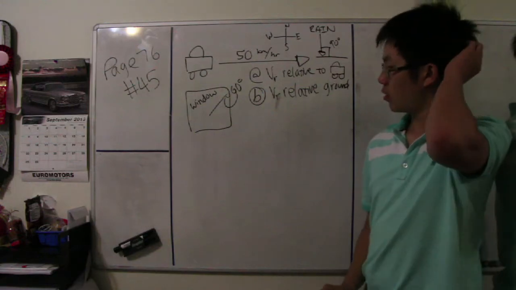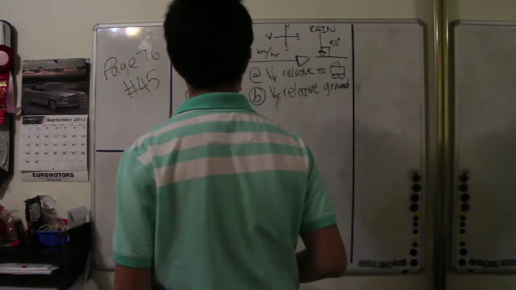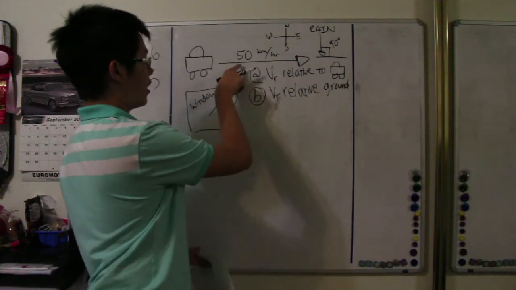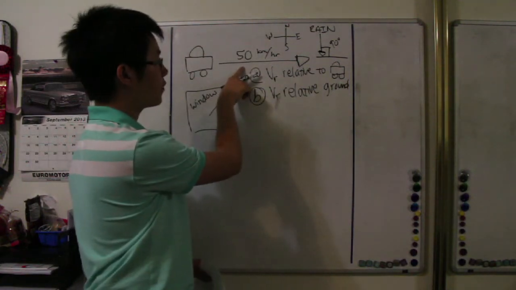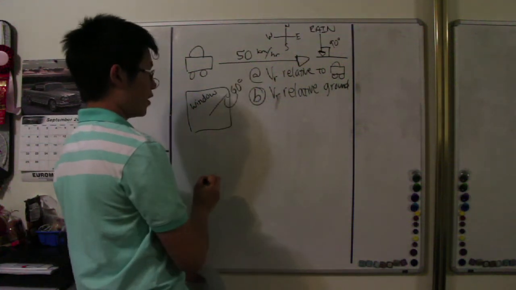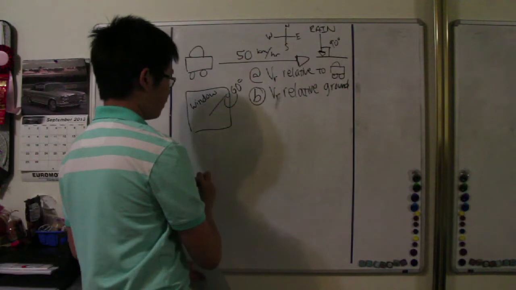So, we can take our window here, or 60 degrees from the window, and the 50 kilometers per hour from the velocity of the car. We draw a right triangle.